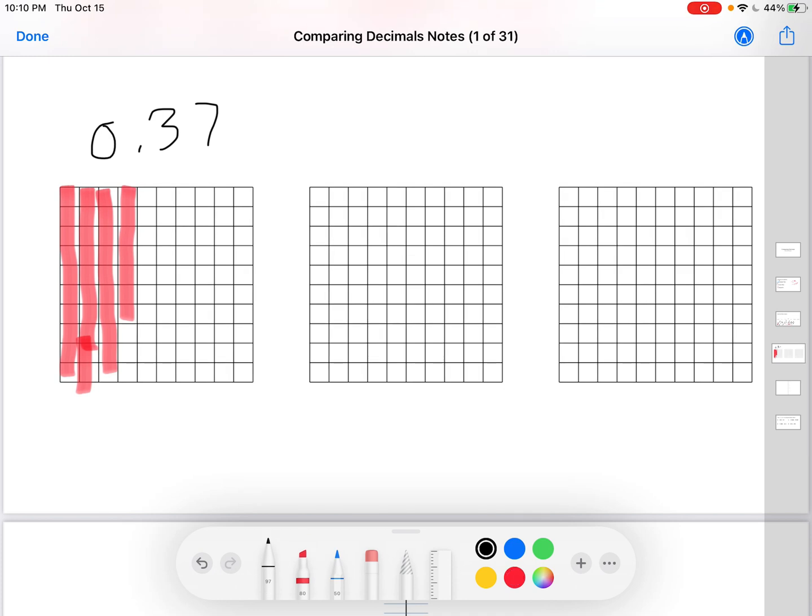And so you might say to me, well, what would this one be? Well, how about 0.5?